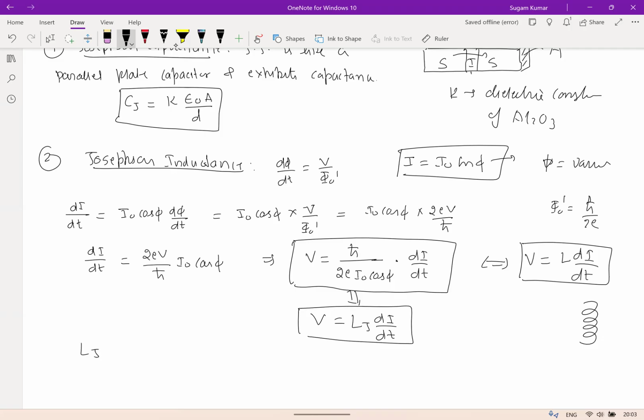And here this Lj is nothing but h bar by 2e I naught into cos phi. This term is called the inductance of the Josephson junction.